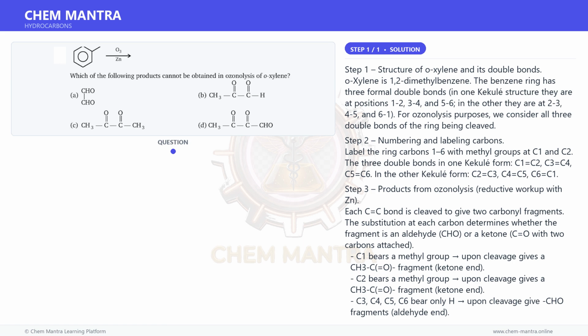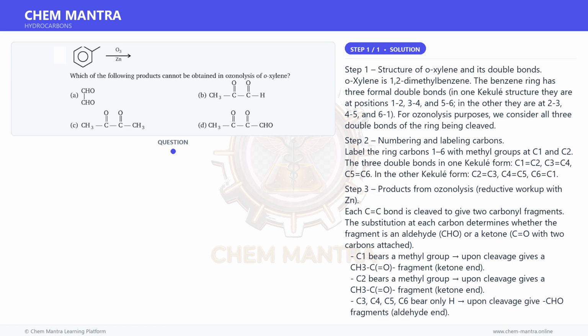A fragment CH3-CHO would require a methyl-bearing carbon adjacent to another carbonyl carbon that is adjacent to an H-bearing carbon in a single fragment, which is not consistent with the connectivity of o-Xylene. The fragment would require the same carbon to simultaneously be part of 2 different cleavage products, which is not possible. Thus, option D cannot be obtained.